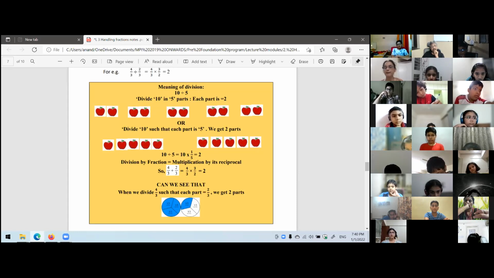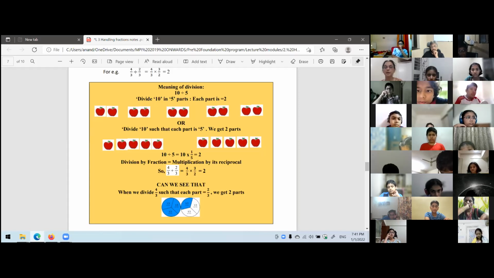Then I get 2 parts. In both cases, answer is 2. But I'm reading it separately. So 10 divided by 5 can also be 10 multiplied by 1 upon 5, opposite of this. And what is 10 into 1 upon 5? 2.